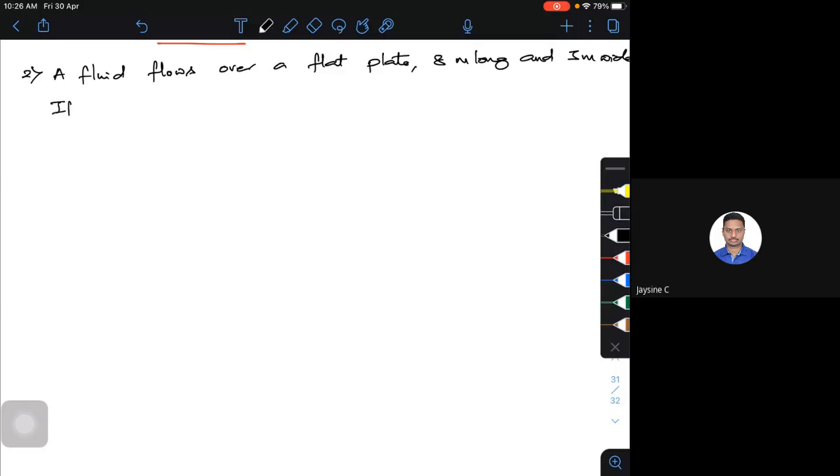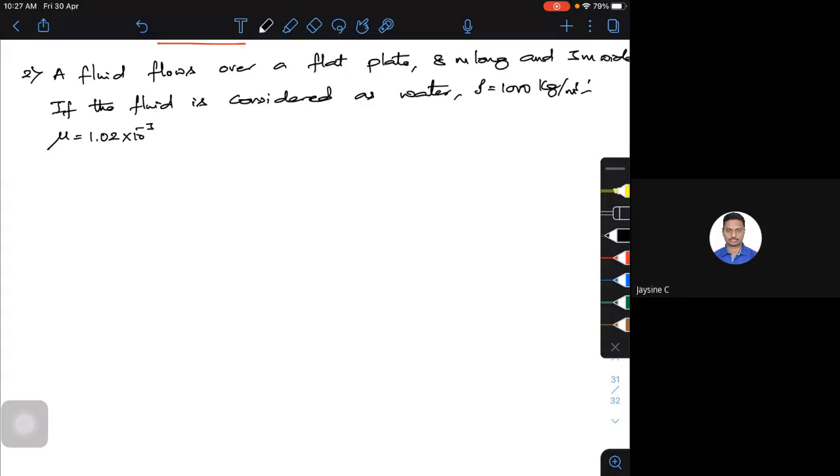If the fluid is considered as water with the properties rho equal to 1000 kg per meter cube, and a dynamic viscosity mu equal to 1.02 × 10 to the power of minus 3 Pascal second, or we can go with Newton second per meter squared, whatever it may be.